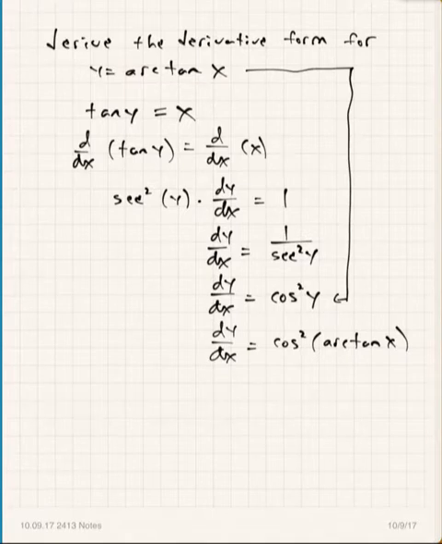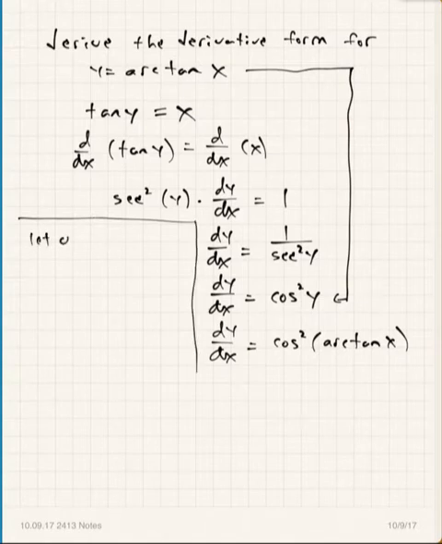All right, so this is a problem where we might use our right triangle trick to try to find an algebraic expression for this. So what we do is put a little box here. We're going to let theta equal arctan x. Right, so that means the tangent of theta is equal to x.